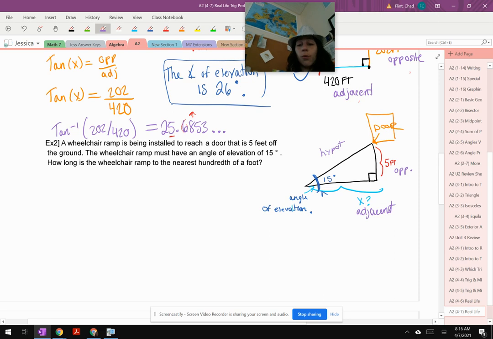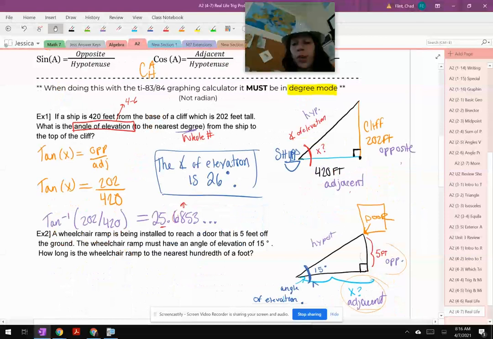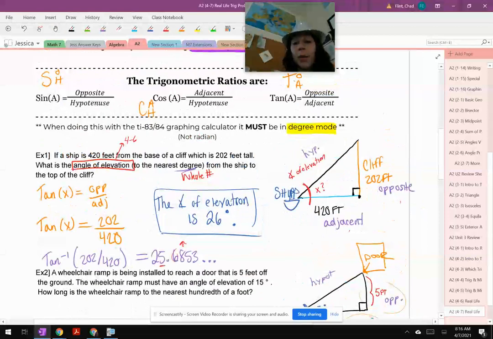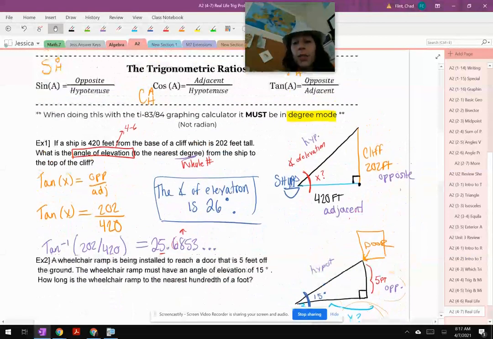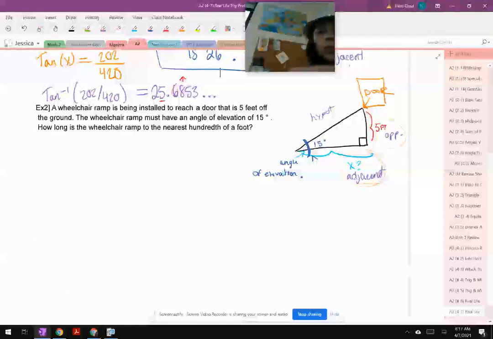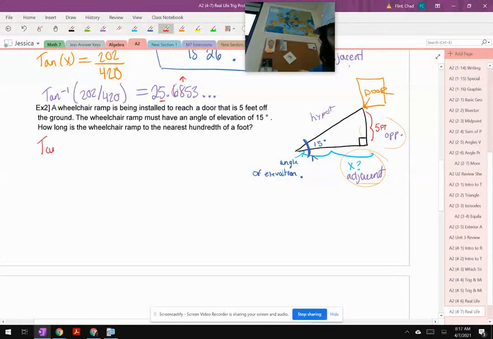All right, so looking at what I'm given and what I am trying to find here, it looks like I'm using adjacent and opposite. So which trig ratio deals with adjacent and opposite? That's tangent again. So tangent of x degrees is equal to opposite over adjacent.